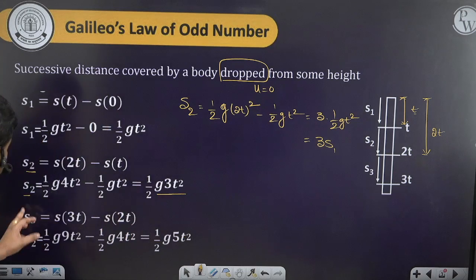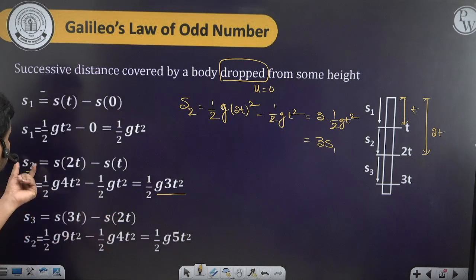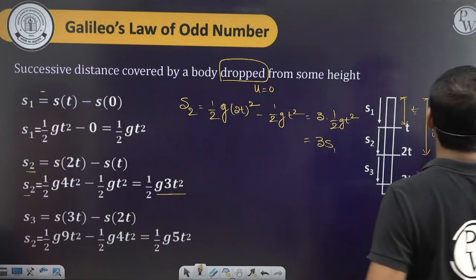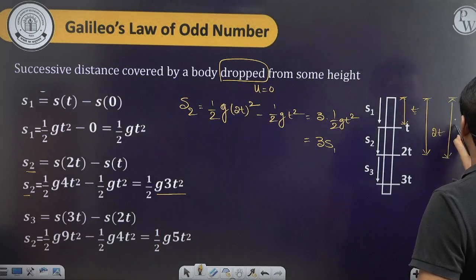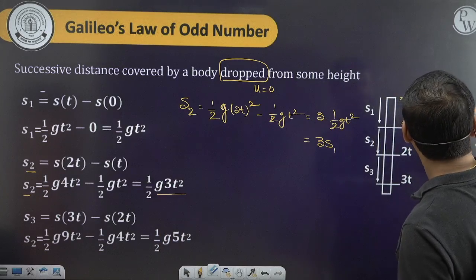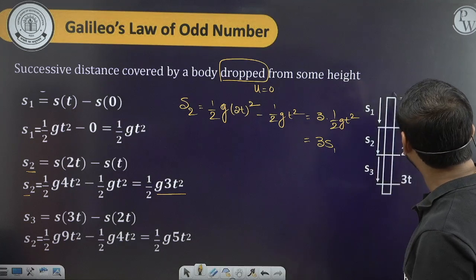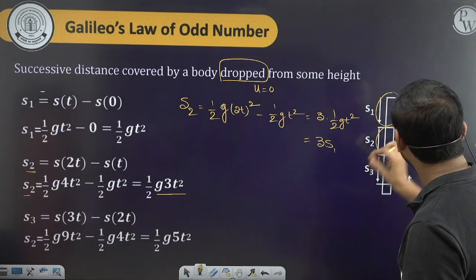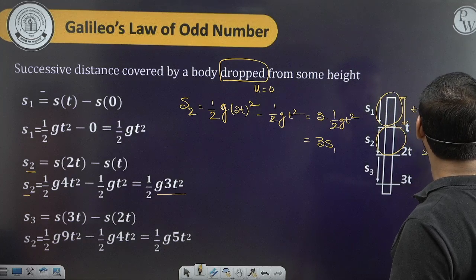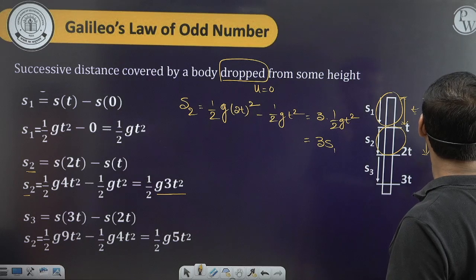But the total S of 2t is going to be this plus this, right? Understand this properly. This is half gt square, this distance is 3 into half gt square, so now this total distance will be 4 into half gt square.